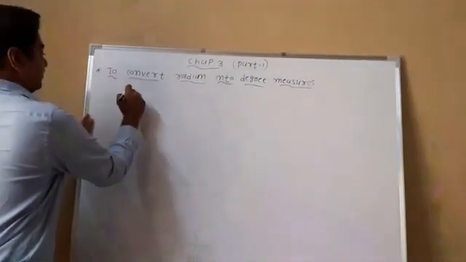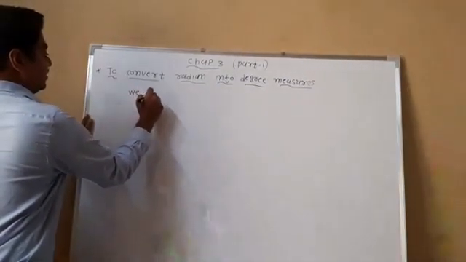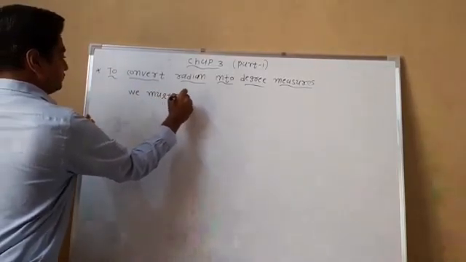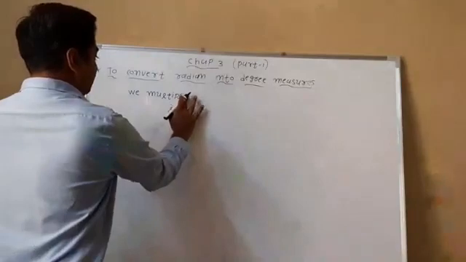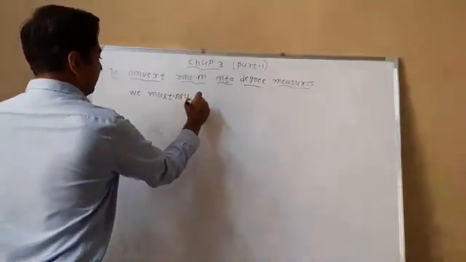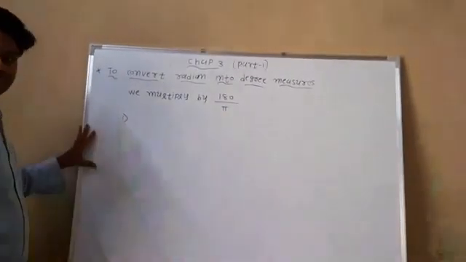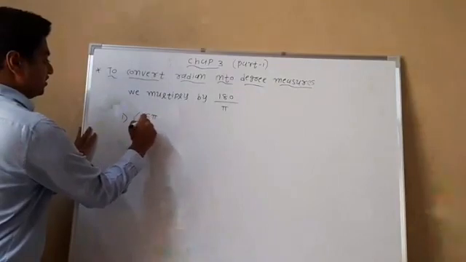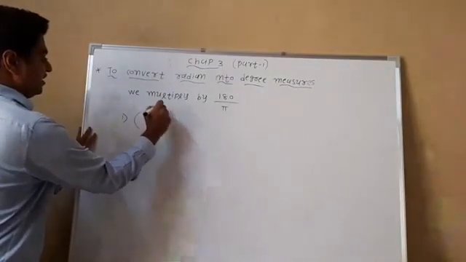So here we multiply by 180 divided by pi. Let's see an example. First one, 5 pi upon 3 radian.